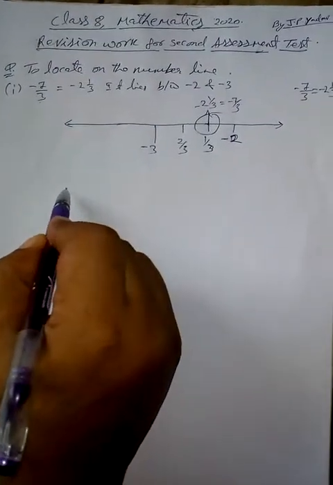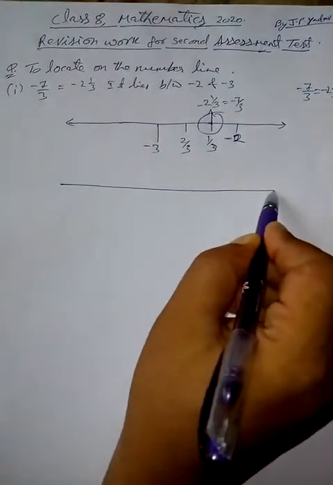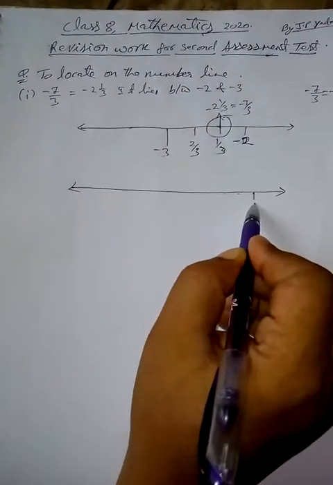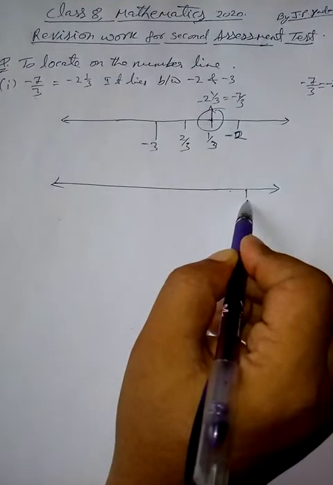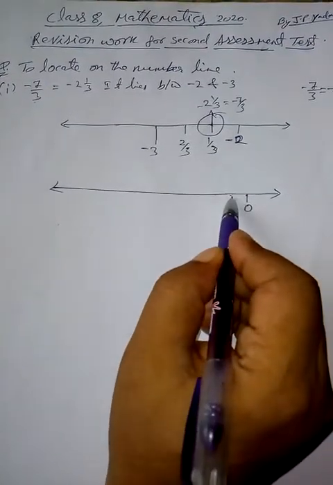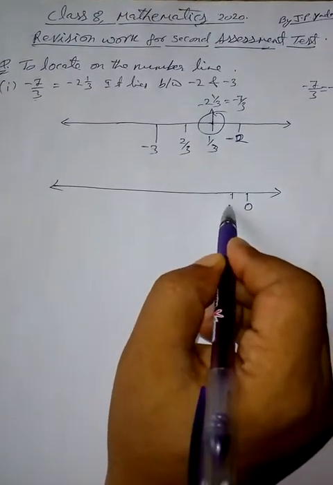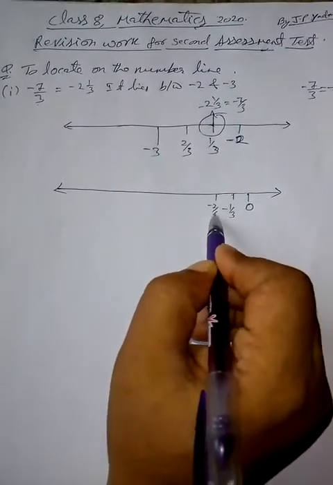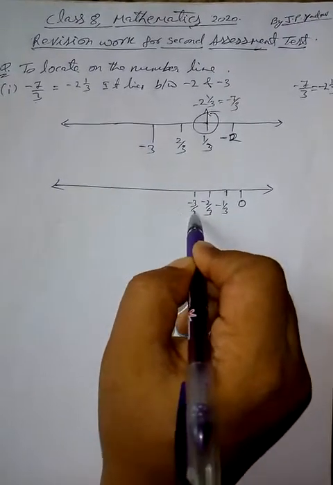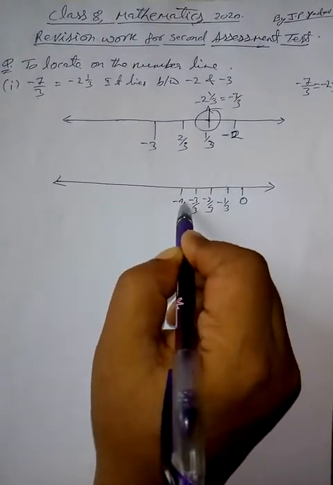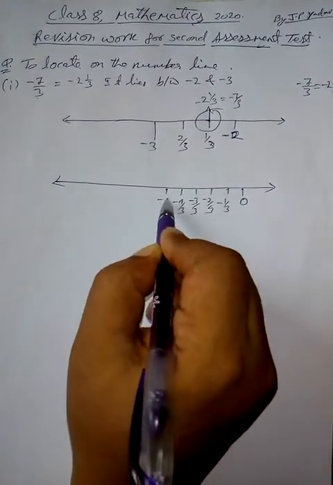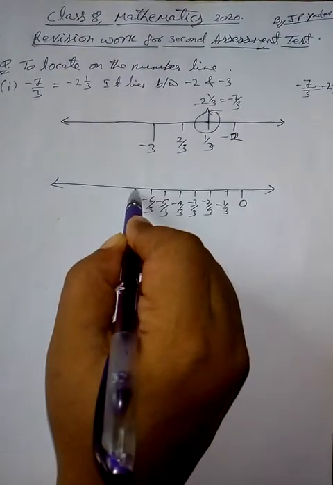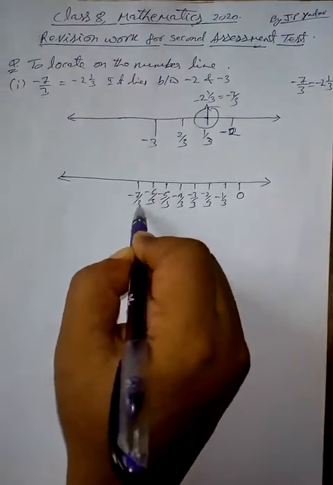You can look at this in another way also. Start from here and count like this: 0, minus 1 by 3, minus 2 by 3, minus 3 by 3, minus 4 by 3, minus 5 by 3, minus 6 by 3, minus 7 by 3.